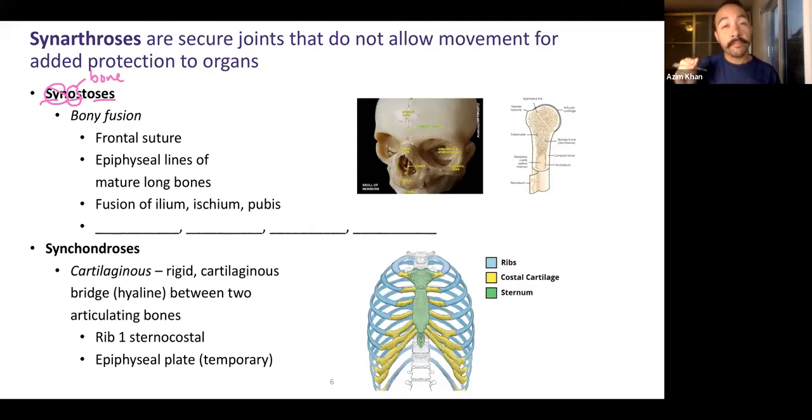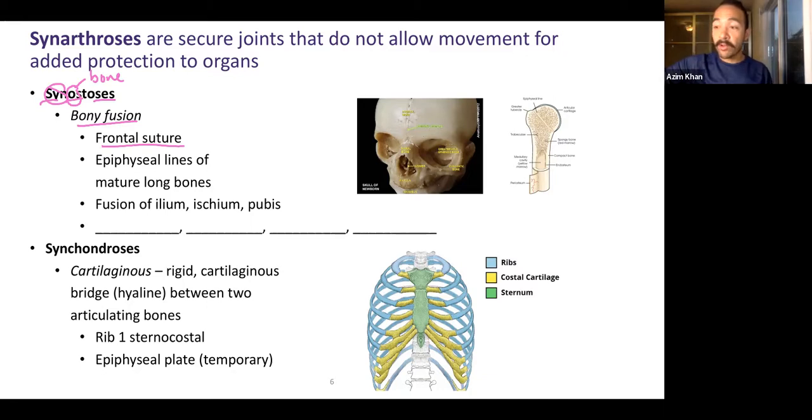It's bone-to-bone fusion. It's a bony fusion. Bone is fusing with bone. If you recall, I mentioned this specifically regarding the frontal suture, not the other sutures. This frontal suture is not actually a true suture. It's actually a synostosis, because the frontal bone used to be two bones and it fused into one.